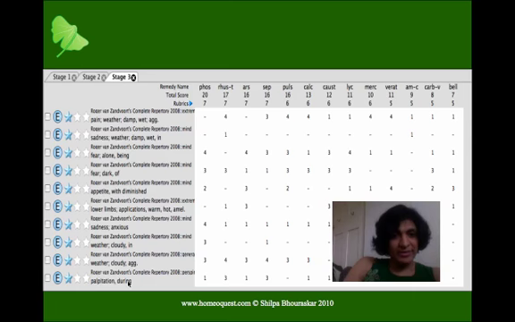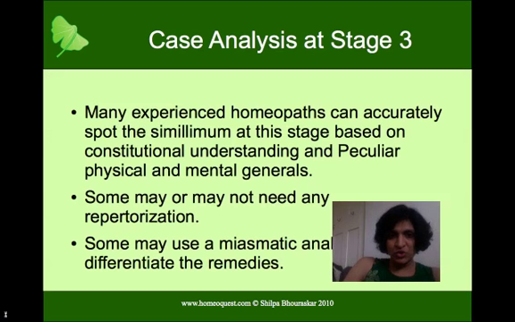So if you look at these symptoms, now you can see that the remedies coming up have been really precise, and they are quite peculiar, indicated on the individual. Many experienced homeopaths at this stage can actually spot the similimum. They would differentiate the remedy with respect to the miasm in this case, because the miasm is quite clear here.